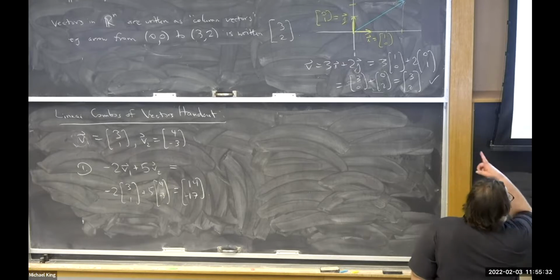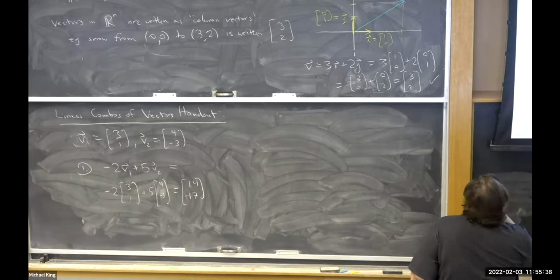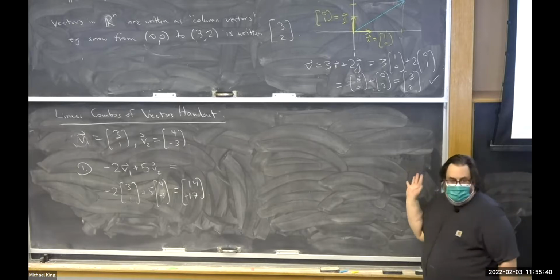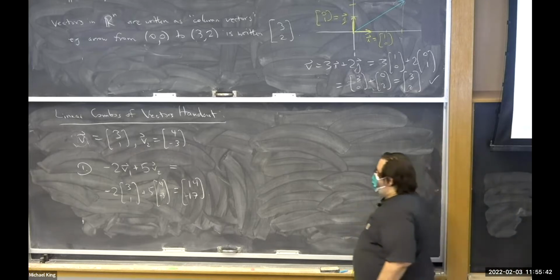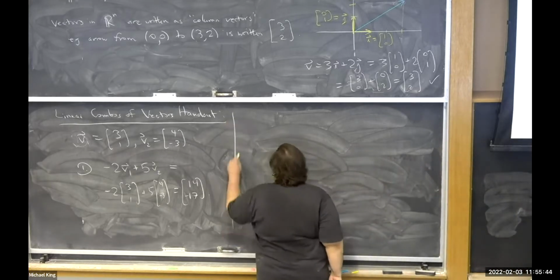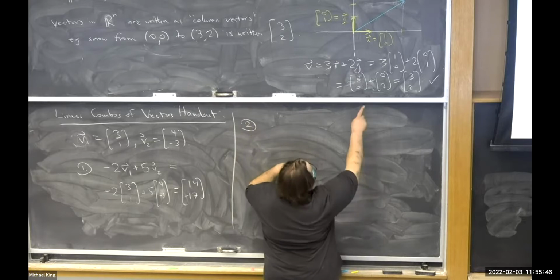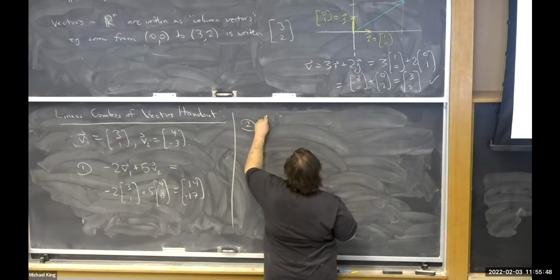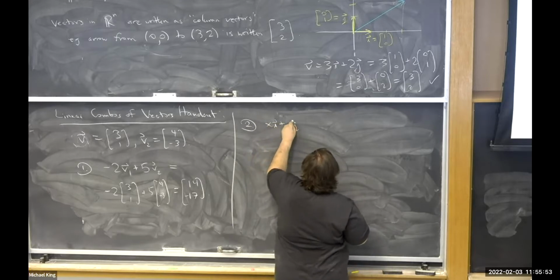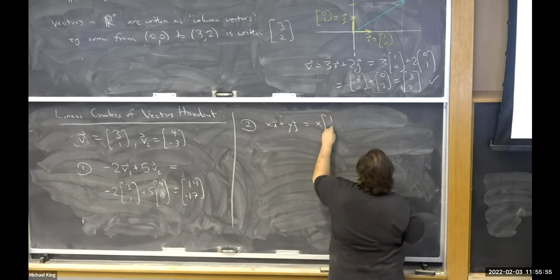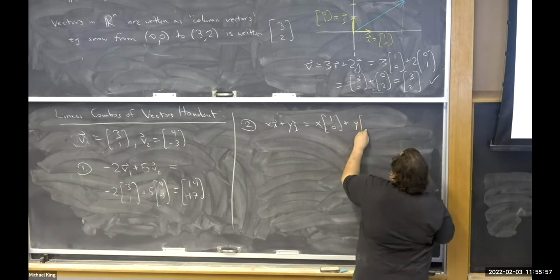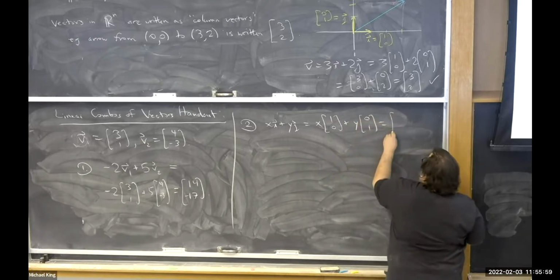For number 2, we talked about this a little bit, but i and j are these two fundamental vectors that we use to generate everything. If we take xi plus yj, we can write that as x times (1, 0) plus y times (0, 1), and write that as the combination (x, y).